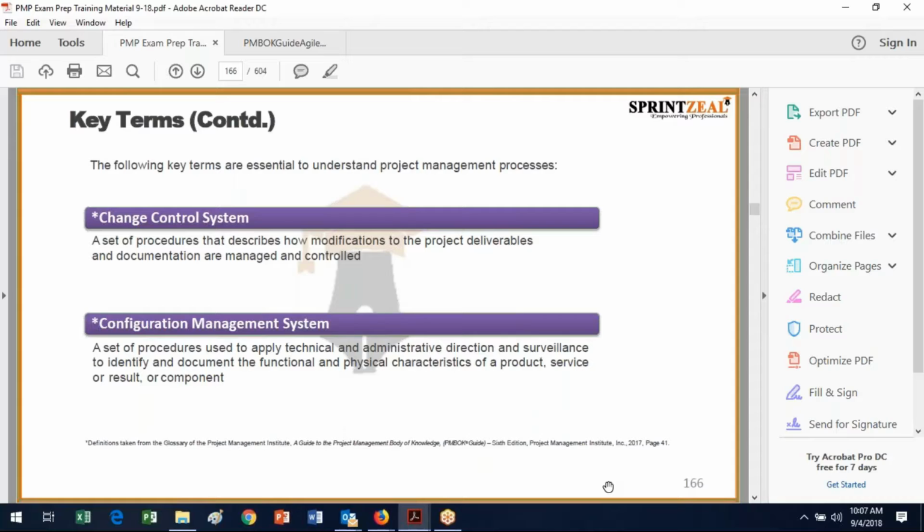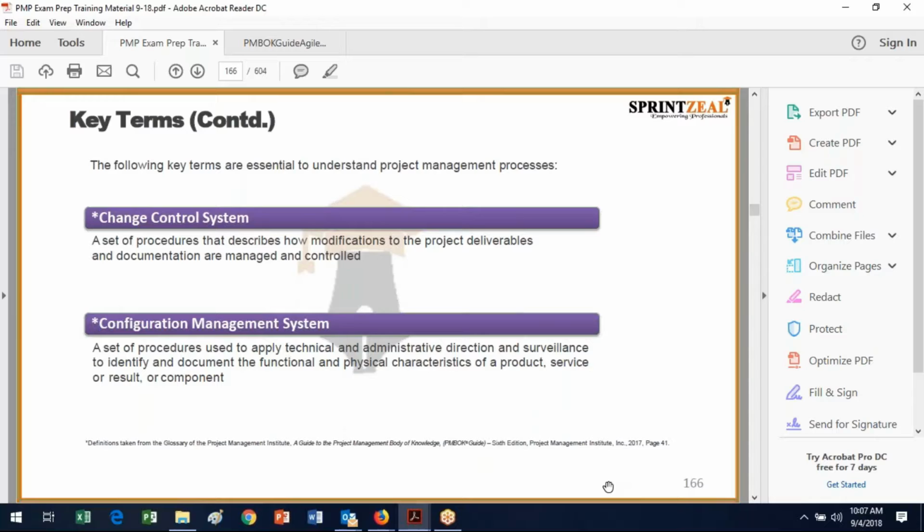The configuration management system is the set of procedures used to apply technical and administrative direction and surveillance to identify and document the functional and physical characteristics of a product, service, result, or component. So change control is more the processes, and configuration is more the physical characteristics, to put it at a very high level. But make sure you understand the difference between those two.